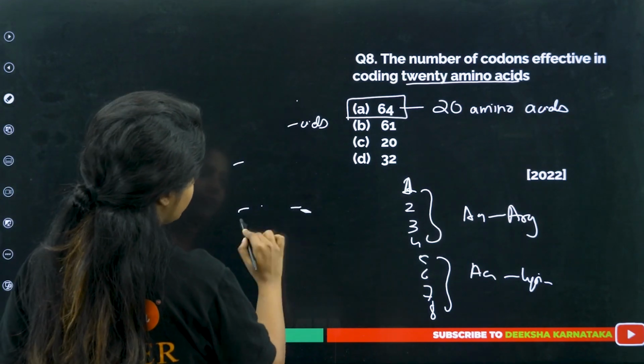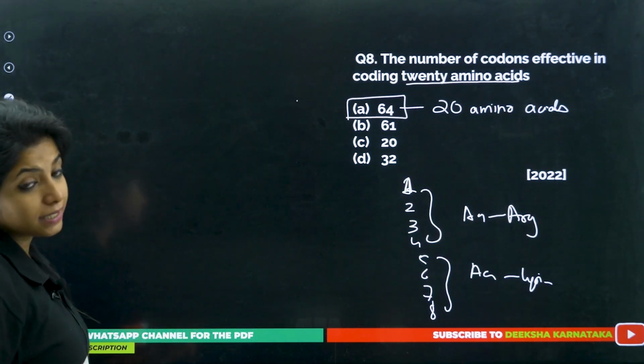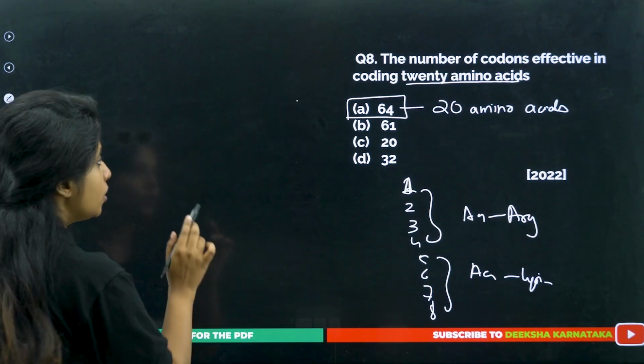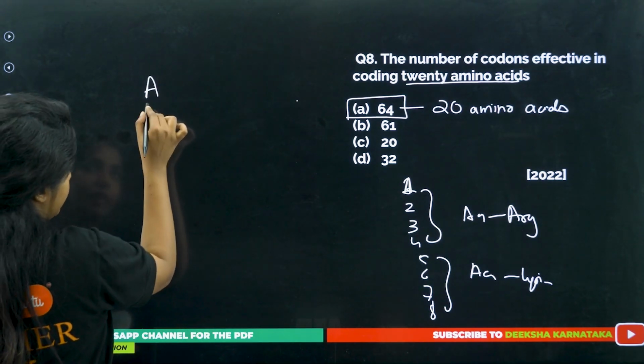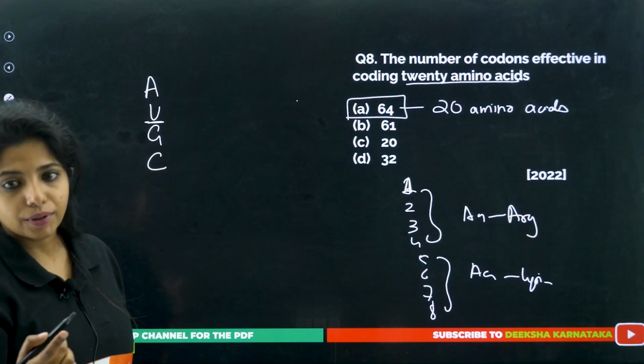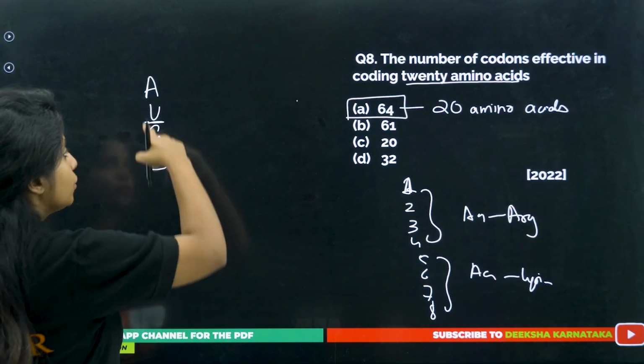Now I want to tell you one very important thing: how we came to the conclusion that it is 64 codons. Listen to me very carefully. You know how many nucleotides there are? You have A, U, G, C in the case of RNA. In the case of DNA, you have A, T, G, C. Now these are 4.